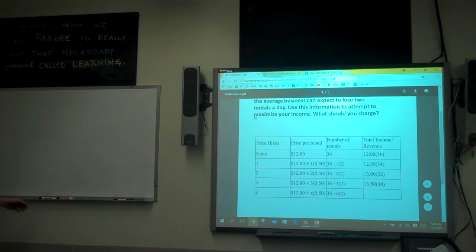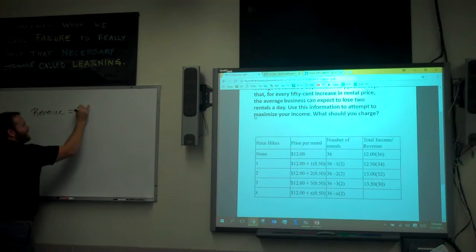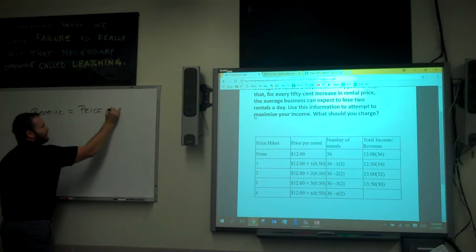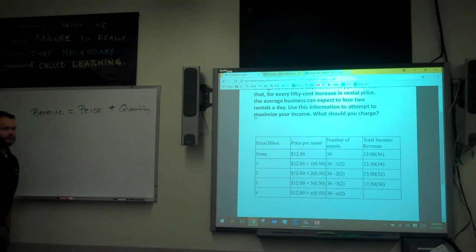But revenue, if I'm in the business of making something and selling it, okay, I'm a business owner, the way I determine my revenue is I take how many things I've sold and I multiply it by the price in which I've sold them all, right? That can make sense? So revenue is equal to price times quantity, right? Okay, that's just a simple formula for revenue.